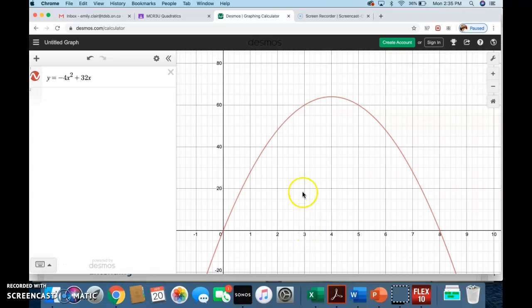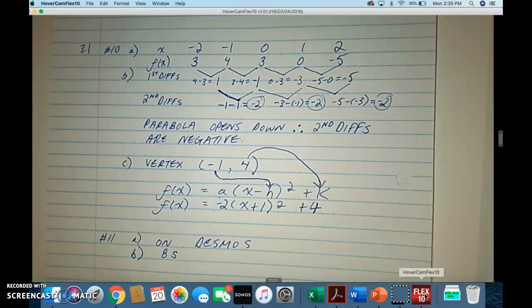So 3 seconds is right here. I follow my graph along, and you can even click and hold to see the coordinates. Okay, so at 3 seconds, the height is 60 meters. That's the point that it's showing me right now. So I'm going to go back over here, and I'm going to say C, 60 meters.